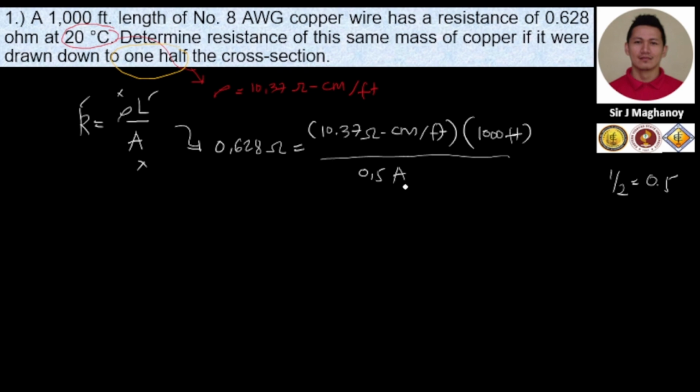Now we can determine the cross-sectional area. That is the only unknown, but before that we cancel the common units, to check if our answer is really aligned with our unknown.